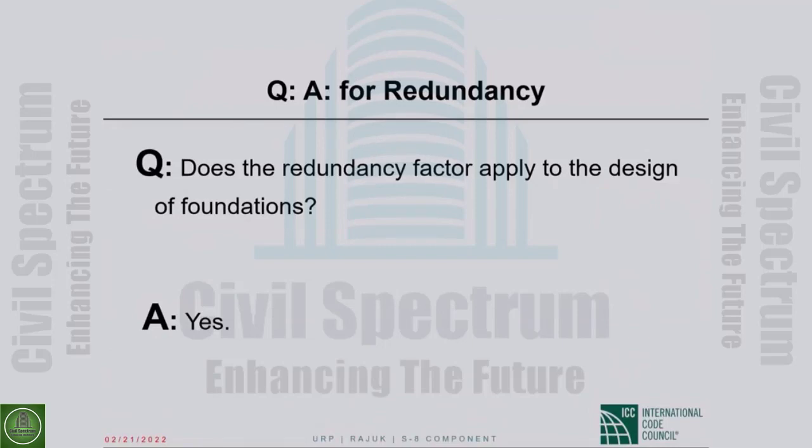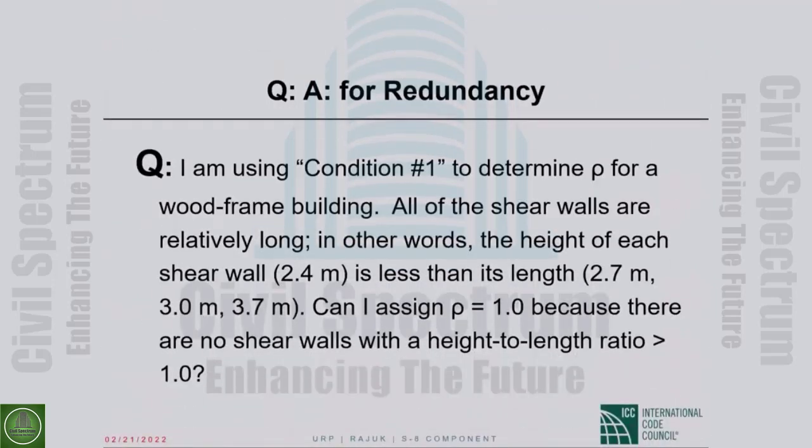Does redundancy factor apply to the design of foundations? The answer is yes. I am using condition number 1, remember, removal of structural members, to determine rho for a wood frame building. All of the shear walls are relatively long. In other words, the height of each shear wall, 2.4 meters, is less than its length, which is 2.7 meters or 3 meters or 3.7 meters.